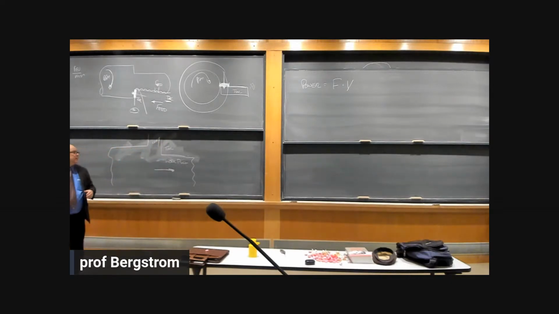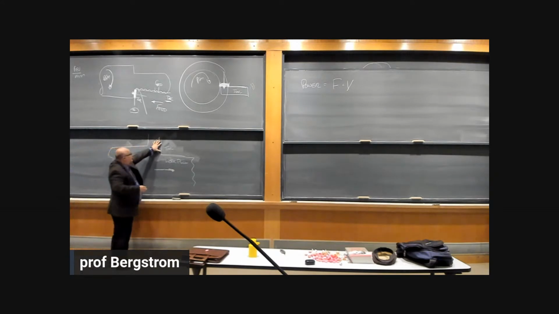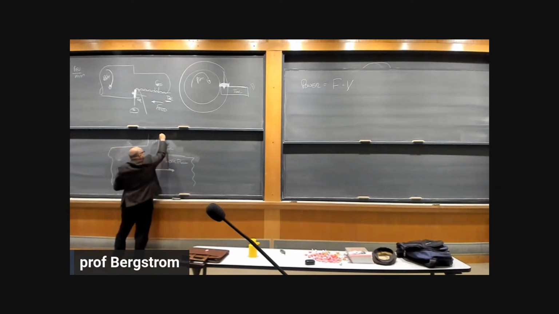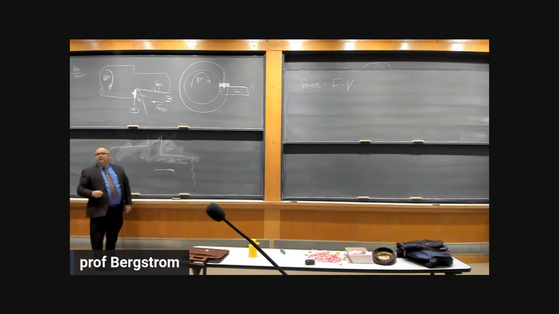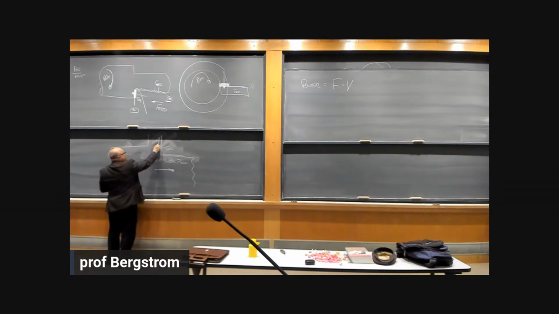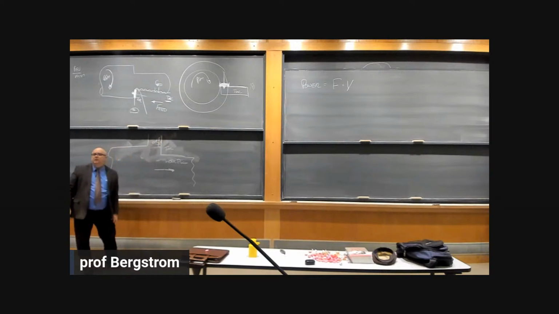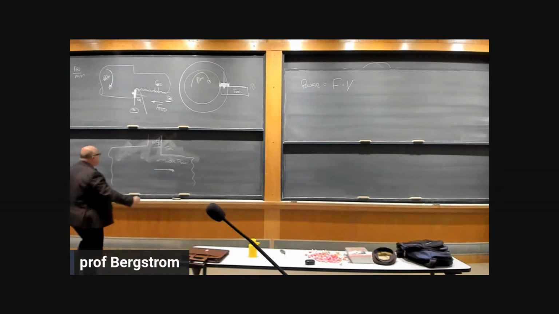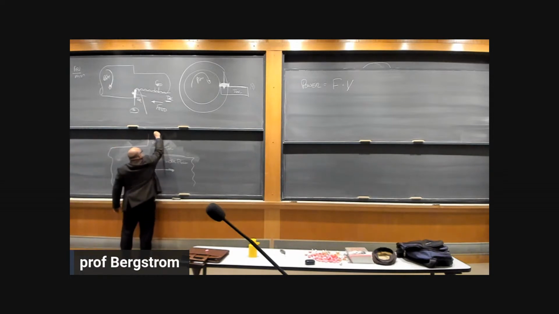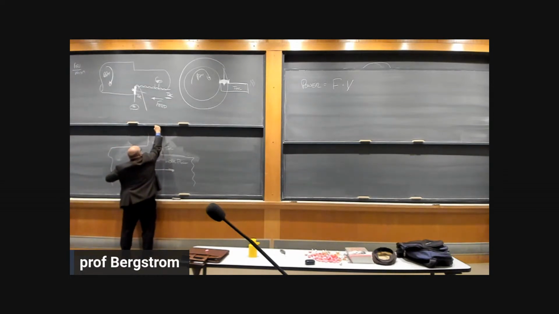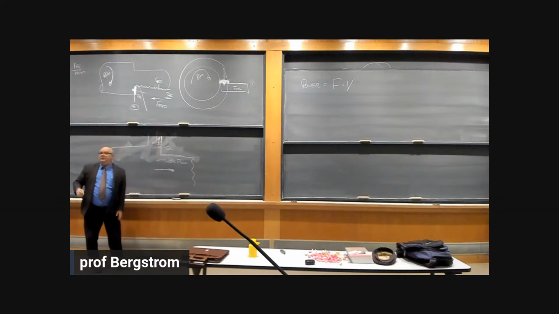The chip is pressing on the tool right here. The chip has to have some force that's pressing on the tool in that direction. Does that make sense? Pushing against the tool.